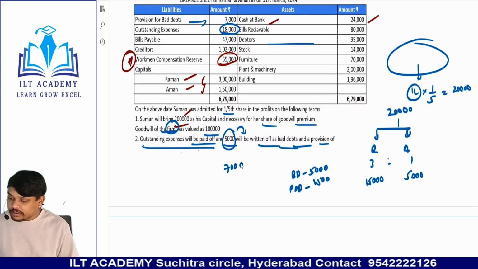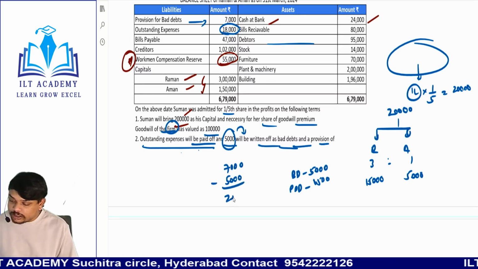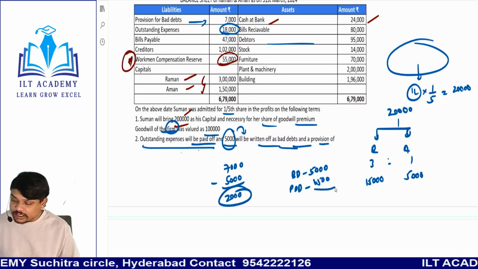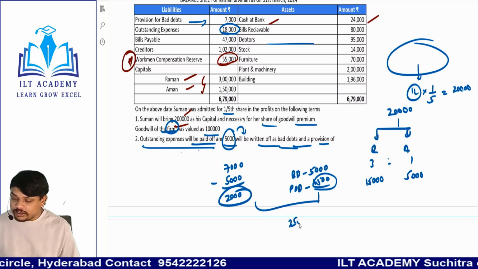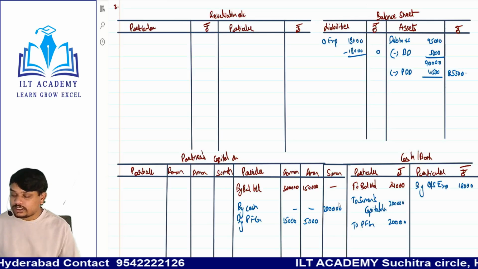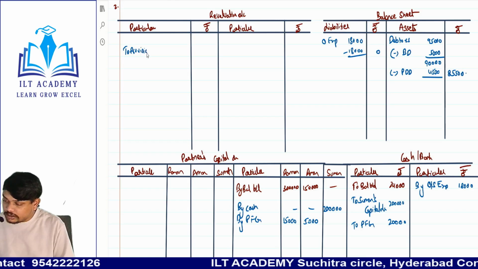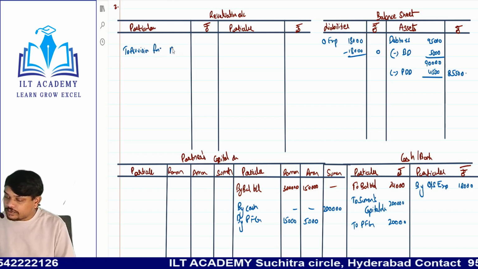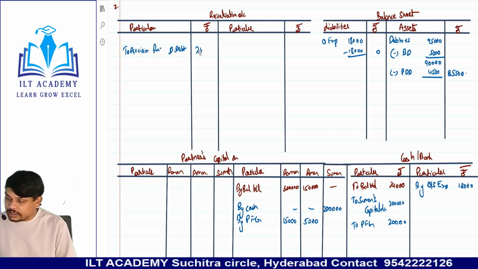So from the previous provision we can write off bad debts of 5,000. So 2,000 of provision is still left, and the new provision is 4,500. So the balance in the provision is 2,500, which is loss. Provision for doubtful debts, 2,500.